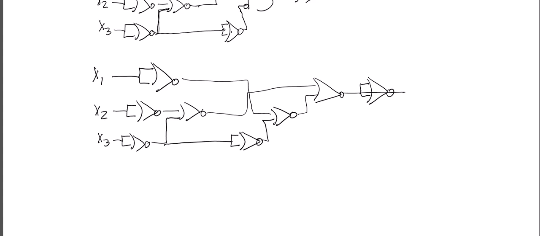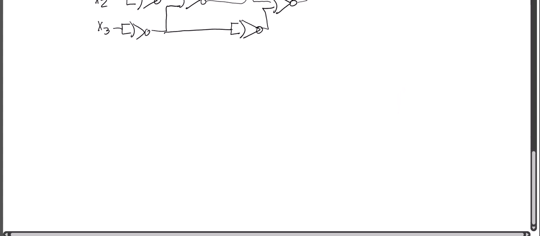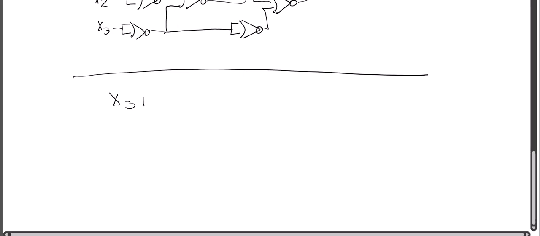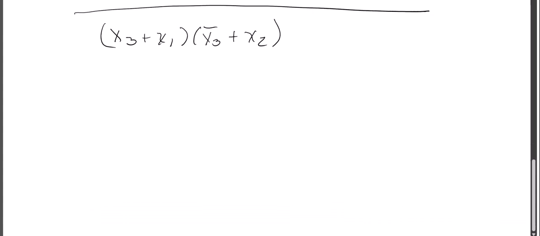So let me do one that's a little simpler so that you can see one that's a little easier. This is actually the same function, just simplified in a way that makes it easier to use NOR gates. So we'll start off by just drawing the function x1, x2, x3.